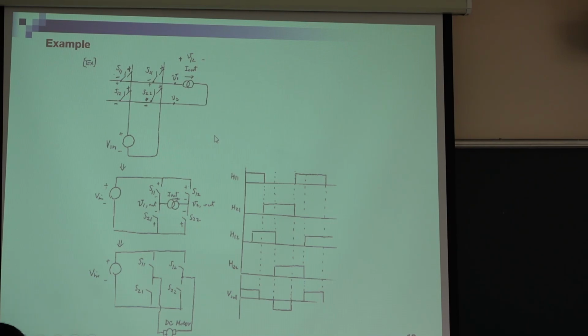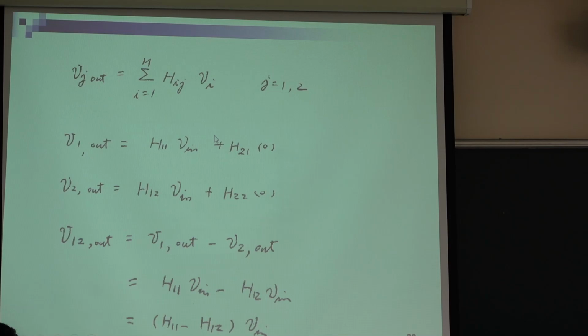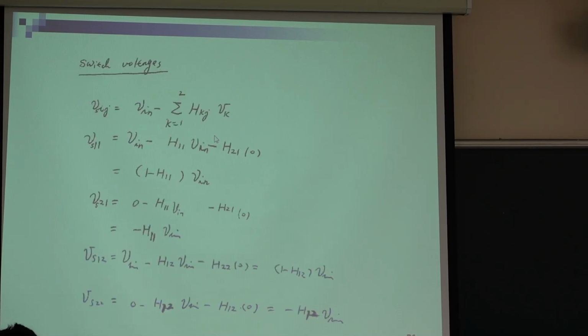Okay, so we can easily apply the same rule. So we can calculate S21. It is equal to 0 minus V1. V1 is H11 Vin plus H21 0. This is V1. So this is ground 0. So we can get this voltage. So what is the voltage across the switch S21? It is negative, always negative.